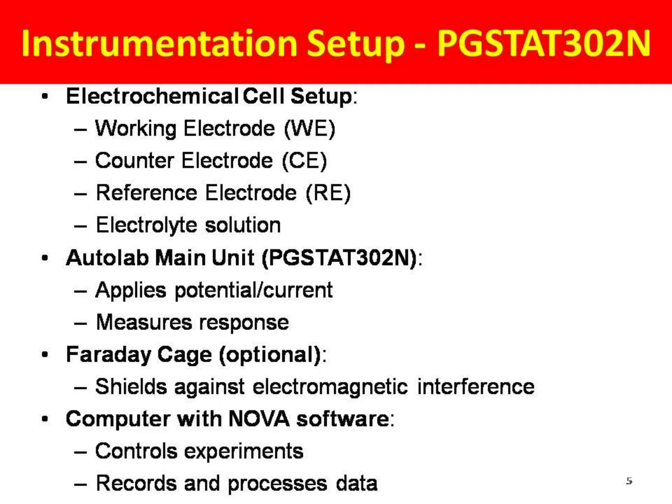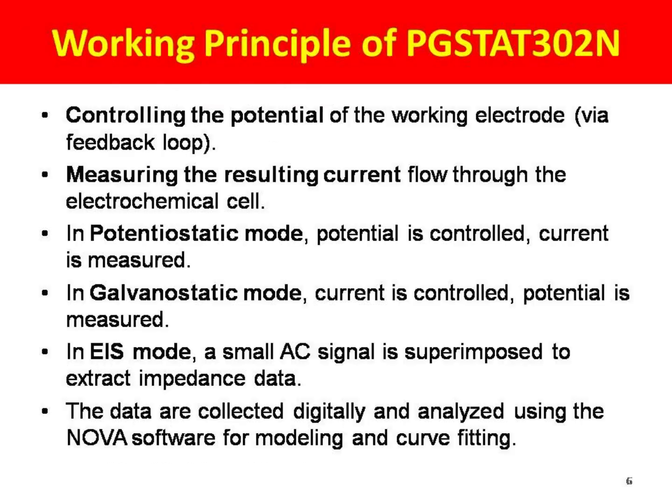You can even use a Faraday cage, which is only optional, because it shields against electromagnetic interference. A computer with Nova software controls the equipment and records and processes the data.